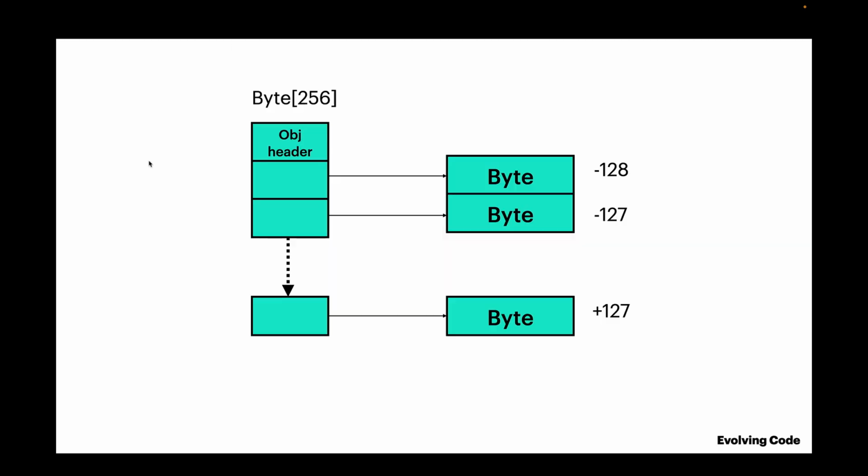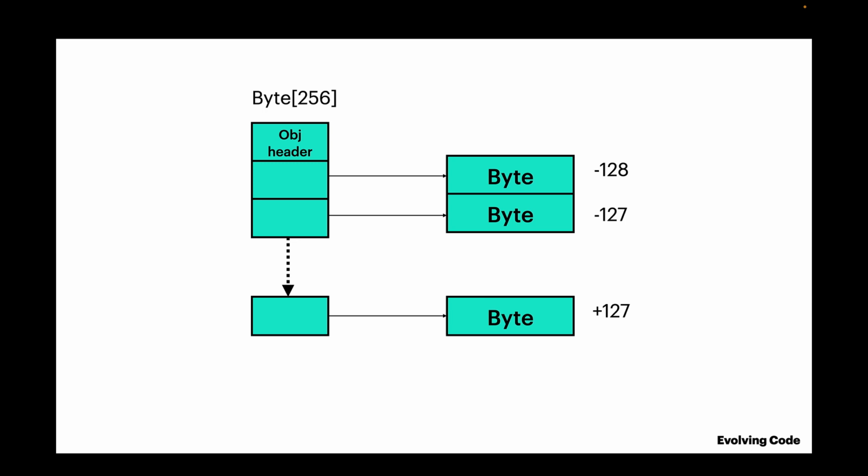This is how the byte cache would look. We have an array of byte of length 256. Since there are 256 possible values, the length of the array is 256. The array object will have some header and 256 slots, and each slot will be a reference to an object in the heap, which is an instance of byte type.